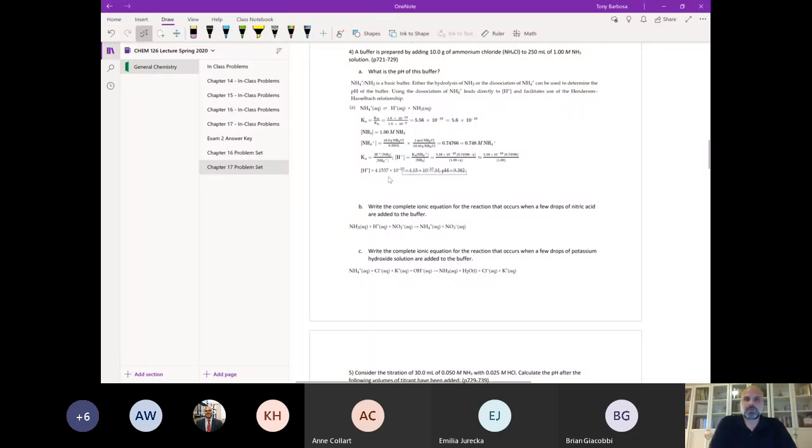After you get the pH, which is down here, part B says write the complete ionic equation for the reaction that occurs when a few drops of nitric acid are added to the buffer. So what you're going to be doing is you have your ammonium chloride solution.